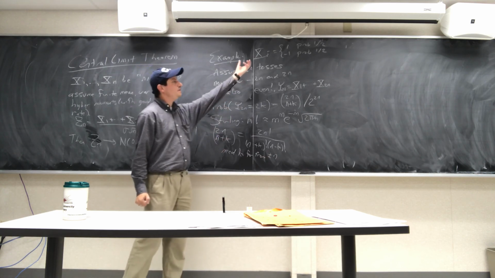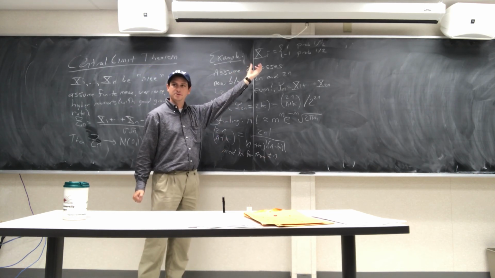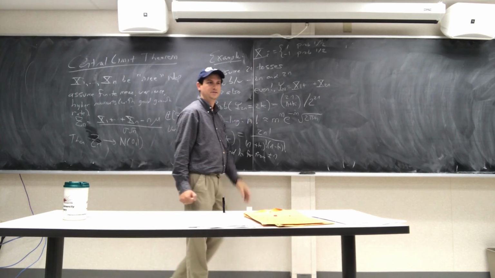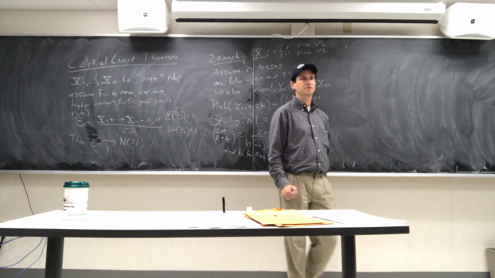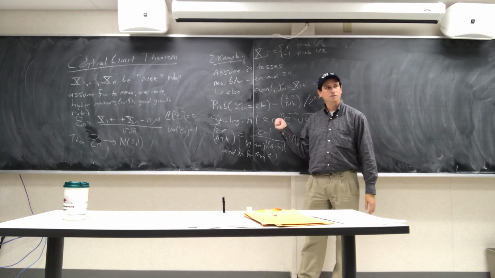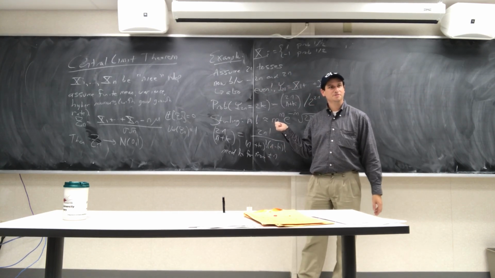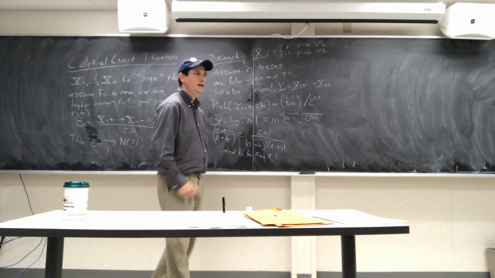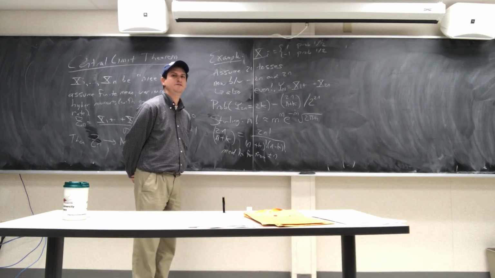Well, we're flipping a fair coin 2n times. And k is the excess of heads over tails. Number of heads minus number of tails. What's the expected value of k? 0. And what's the variance, roughly in terms of n?